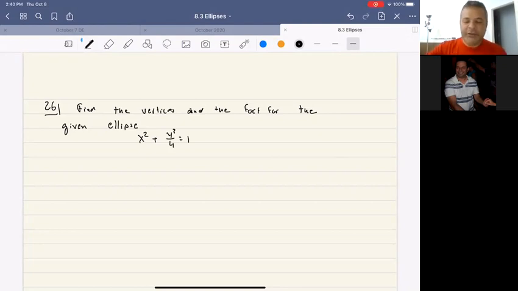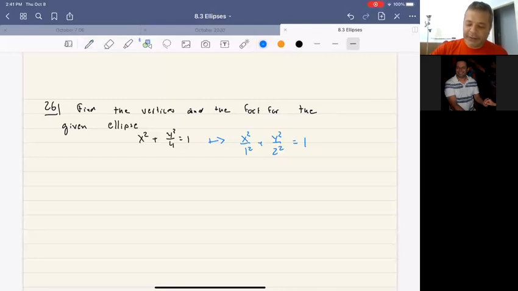When I write this as x squared plus y squared over 4 equals 1, I'm going to rewrite it as x squared over 1 squared plus y squared over 2 squared equals 1. It's mathematically equivalent, but it tells me more.